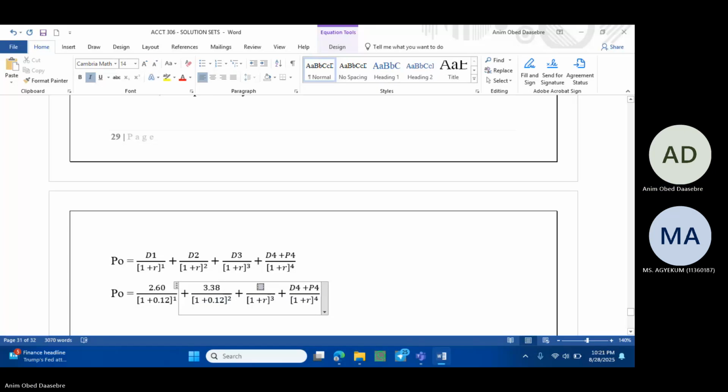D3 is 4.39, 12% required returns. Then D4 is 5.71 plus 65.37.